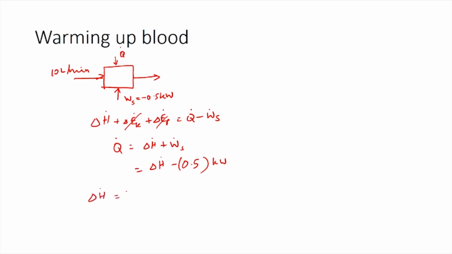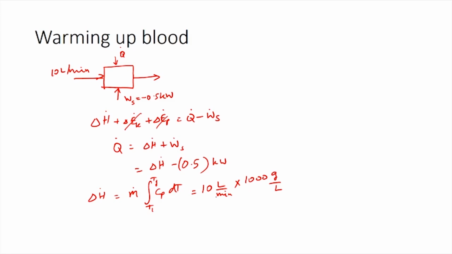We have been given the Cp value for blood. Using this we know that delta H dot can be calculated as m dot integral Cp dT from T initial to T final. Here m dot would be 10 liters per minute times 1000 grams per liter.